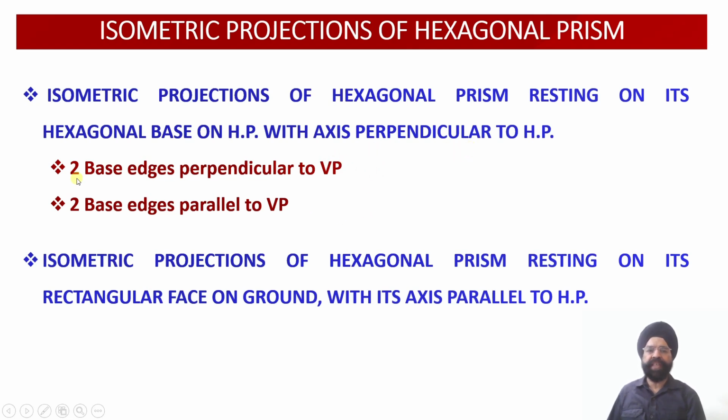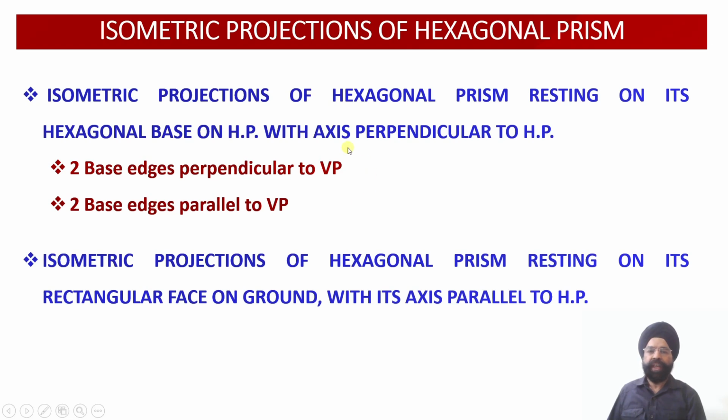In the first sub case, when the axis is perpendicular to the HP and the prism is resting on its base on the horizontal plane, we are going to assume that the two base edges of this prism are perpendicular to the vertical plane. And in the second sub case, we are going to pick that the two base edges are parallel to the vertical plane.